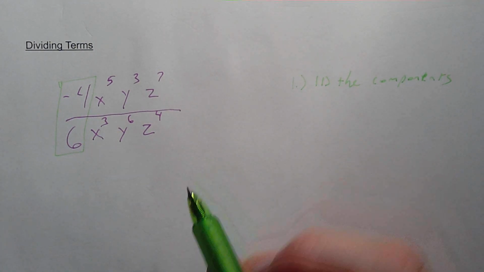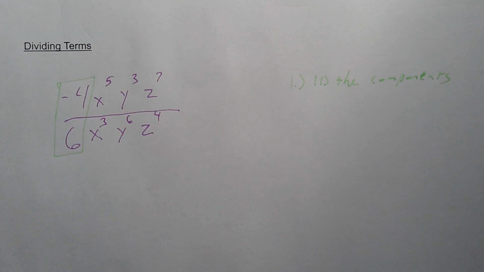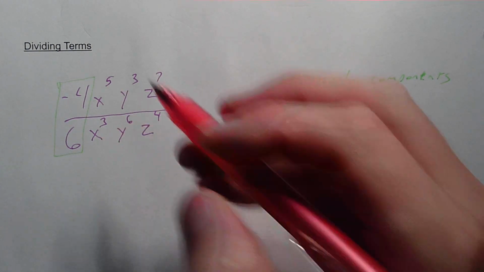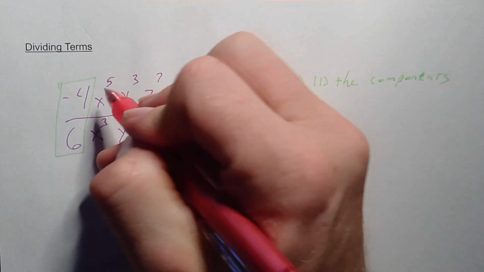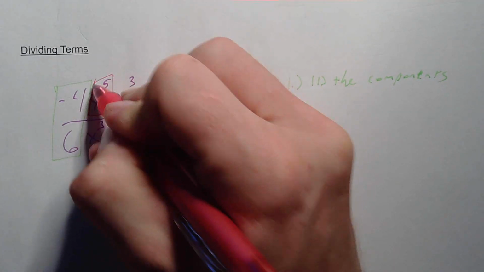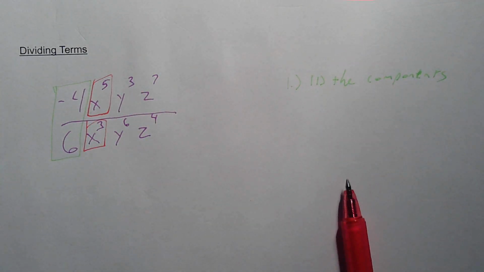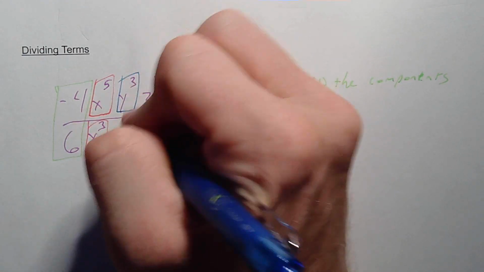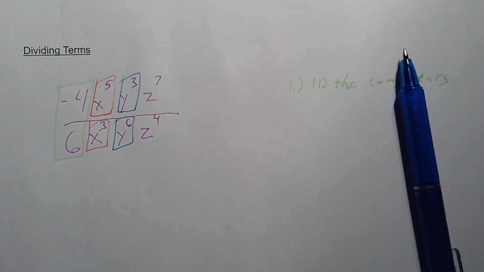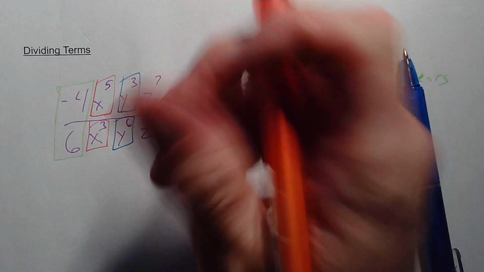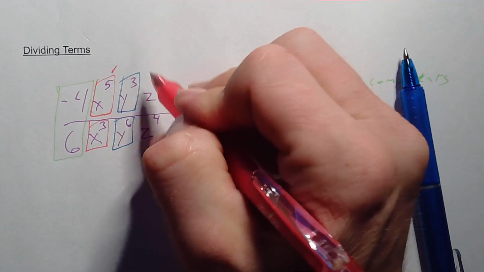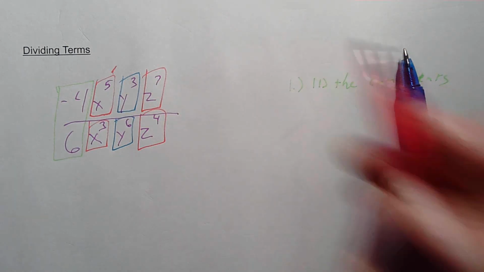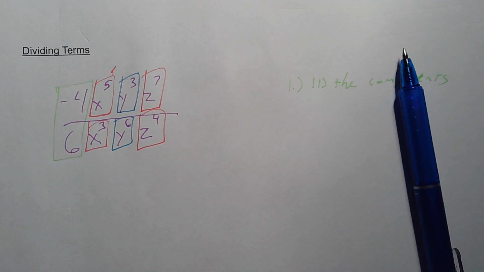Then we have our x's, our y's, and our z's. They're not always going to be lined up for us nice and easy like that. Our z's, that red, our z's. I guess I used the same color. Sorry about that.